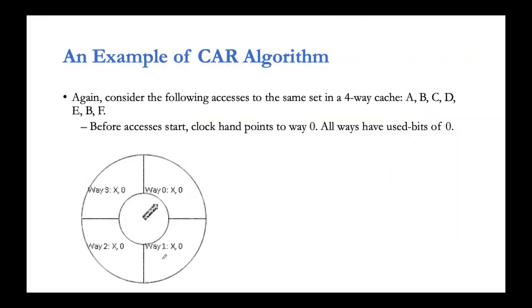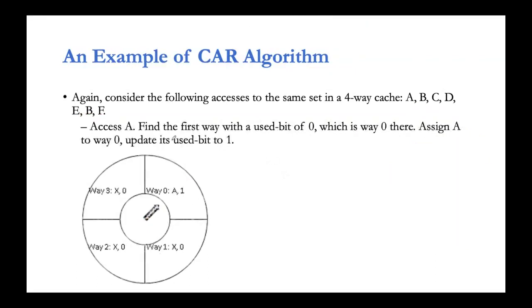Then, to access A, find the first way with a used bit of 0. The first way is way 0, and its used bit is 0 initially.